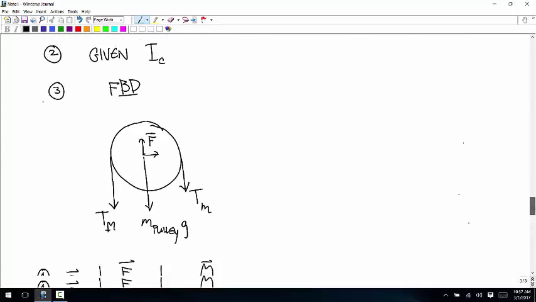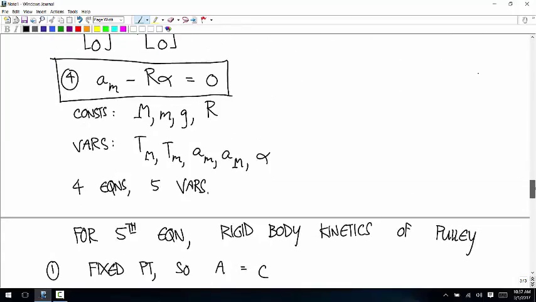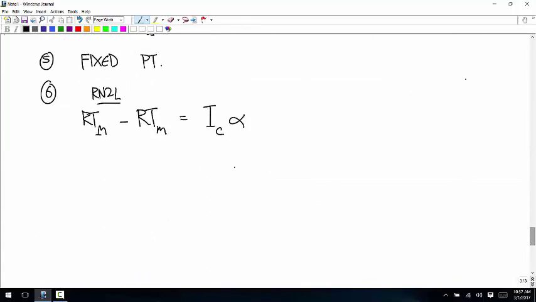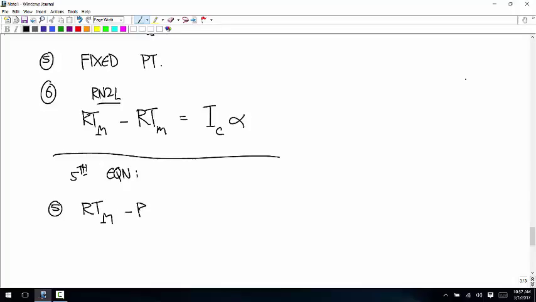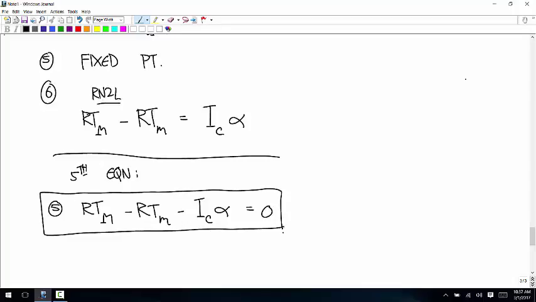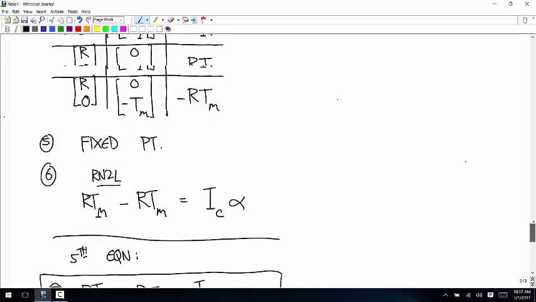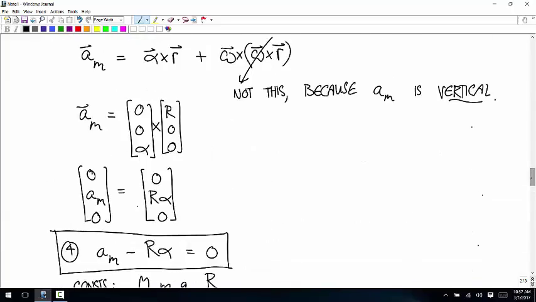And so our fifth equation says R T sub big M minus R T sub little m minus I sub c alpha is equal to 0. Okay, so now this is sort of a mess.